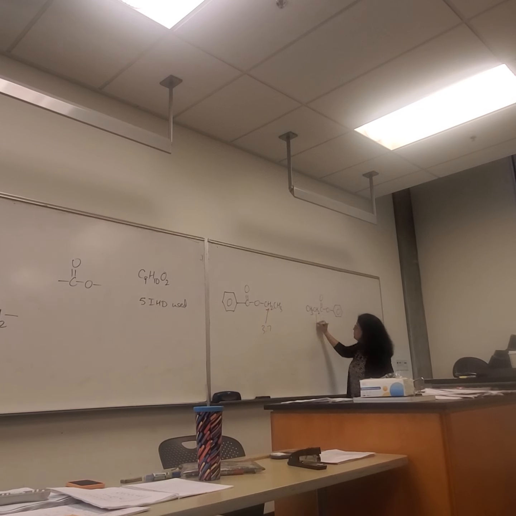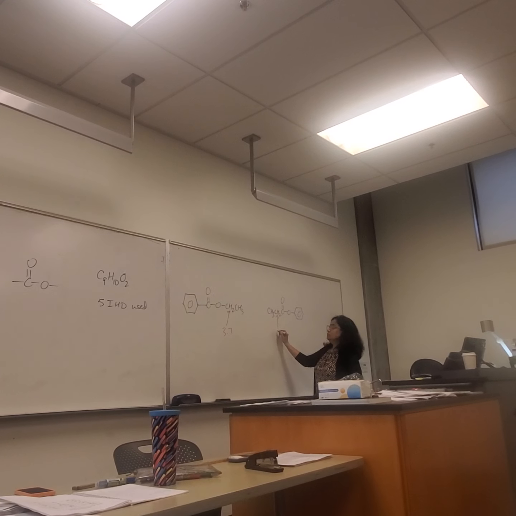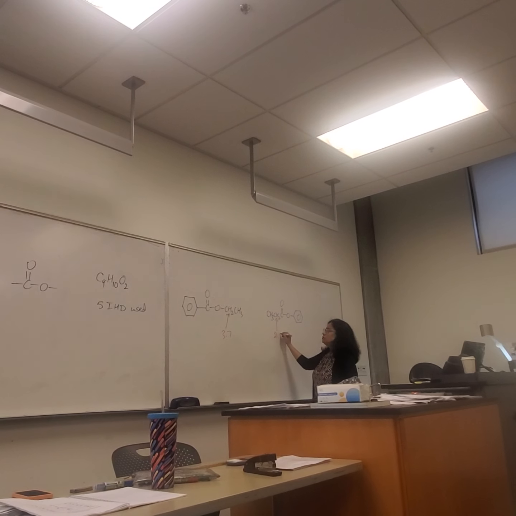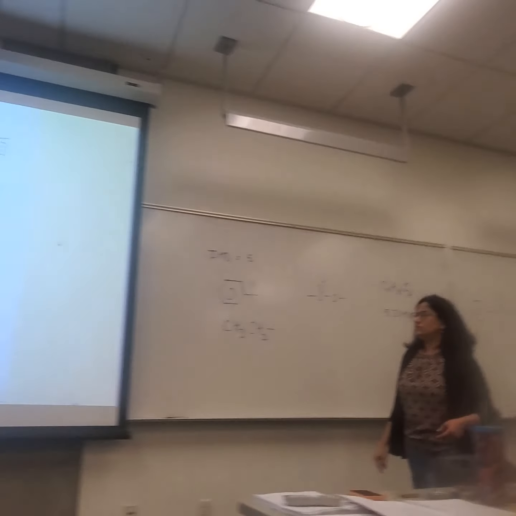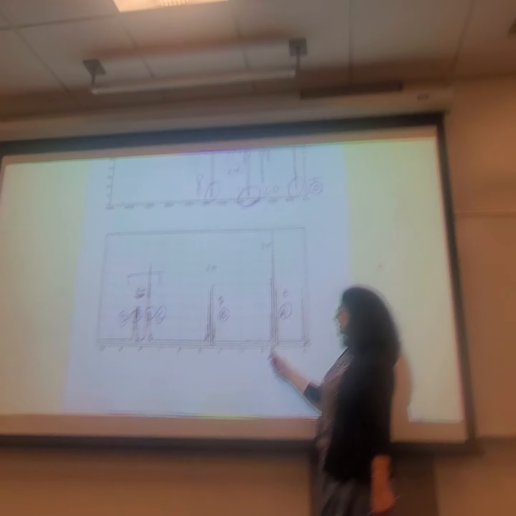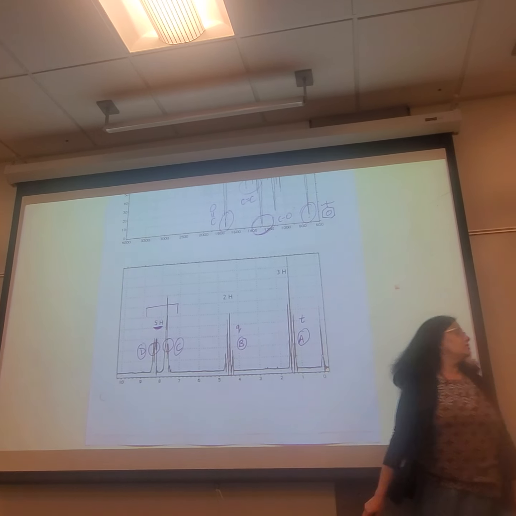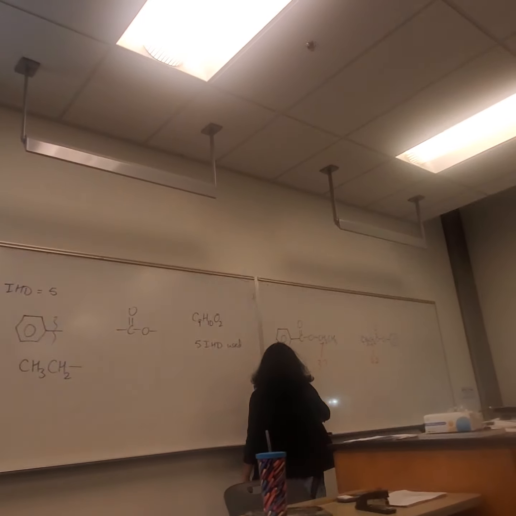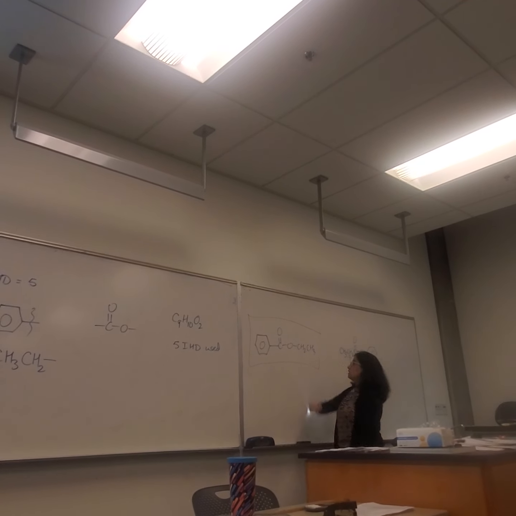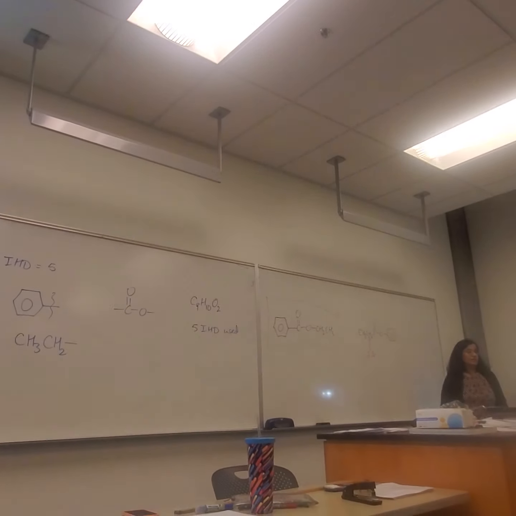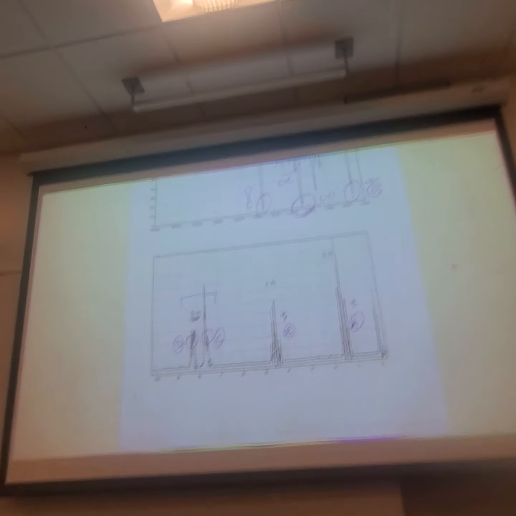Where do you expect the same quartet to show up in the second structure? 2.2, 2.3, something like that. 2.2 to 2.5. Where is that quartet in the given structure? It's definitely not there, where it would be for the second one. So we can, with a pretty good degree of confidence, say that is our compound, not this one. Everybody okay? Yes, please.